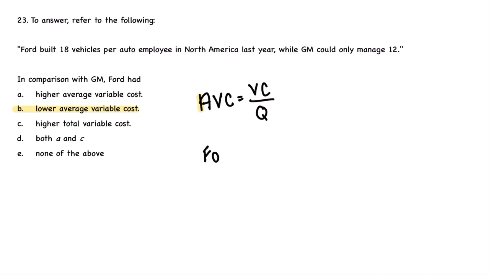So for Ford, it's going to be variable cost divided by 18. While for GM, it's going to be variable cost divided by 12. If you divide by a bigger number, your answer will be smaller, so lower average variable cost.